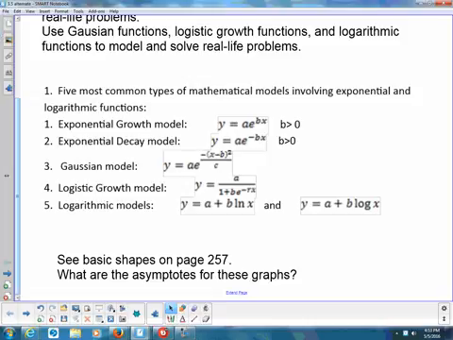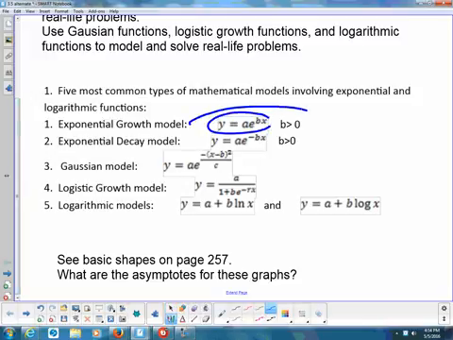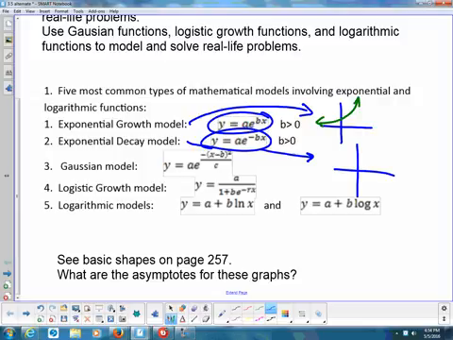On page 257, you see the exponential growth model, which looks something like this. You also see the exponential decay, that graph looks something like this.